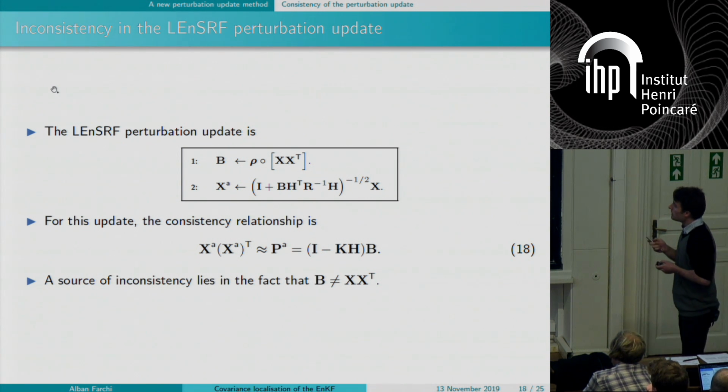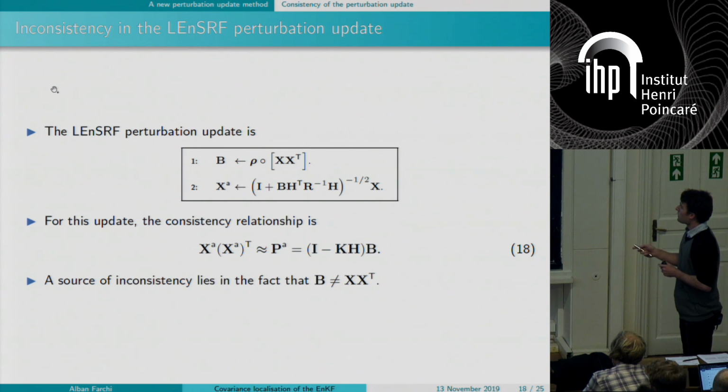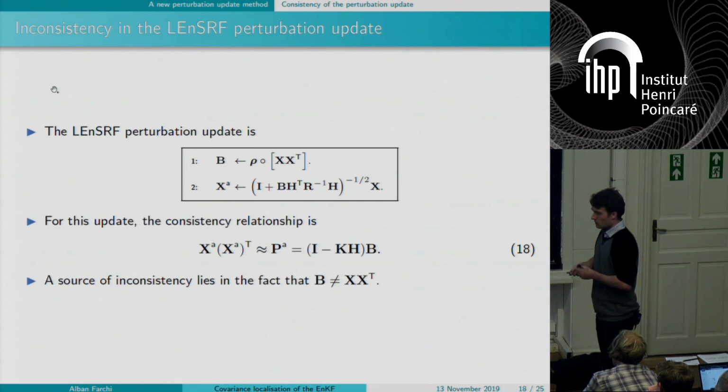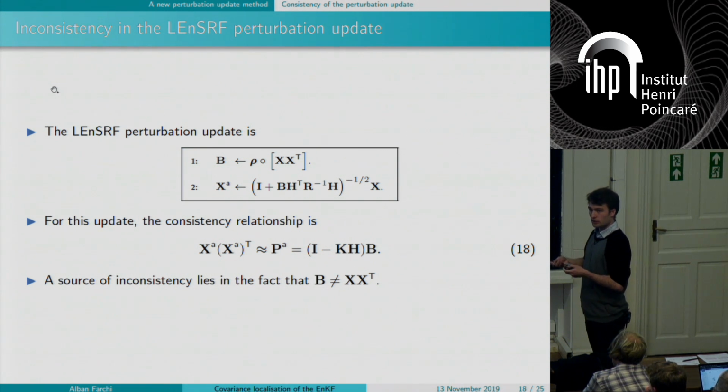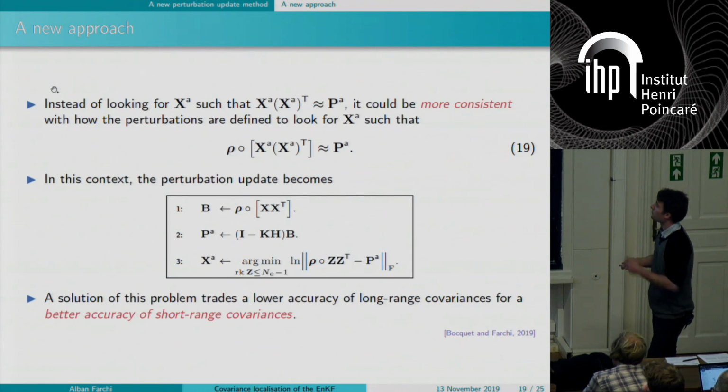And here, a first source of inconsistency lies in the fact that the B matrix is not equal to the forecast sample covariance matrix. And we must now think, how are we going to fix this inconsistency?